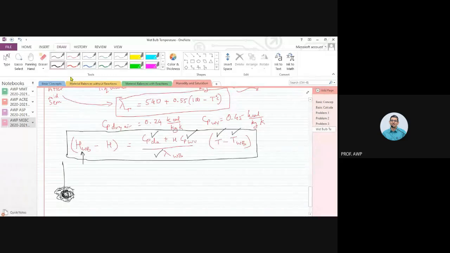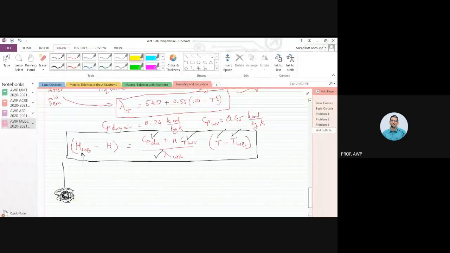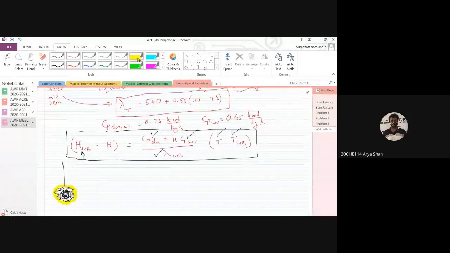The layer of air in the immediate vicinity of the liquid water, what can we say about it? Saturated. That air will be saturated with water vapor.